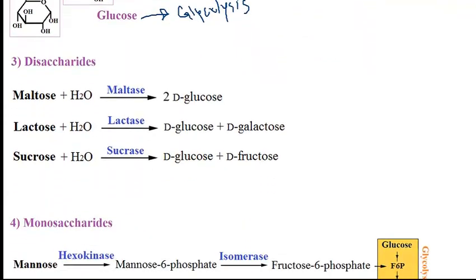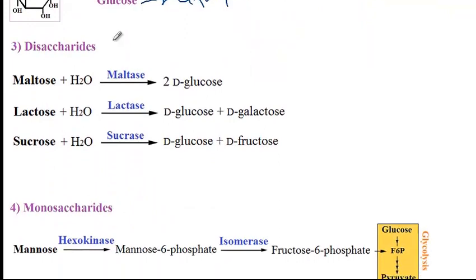Moving on to disaccharides, which include maltose, that is made of 2 glucose molecules that are bound together, lactose, which is made of a glucose and a galactose molecule that are bound together, and lactose is found in milk. And then we have sucrose, which is made of a glucose and a fructose molecule.